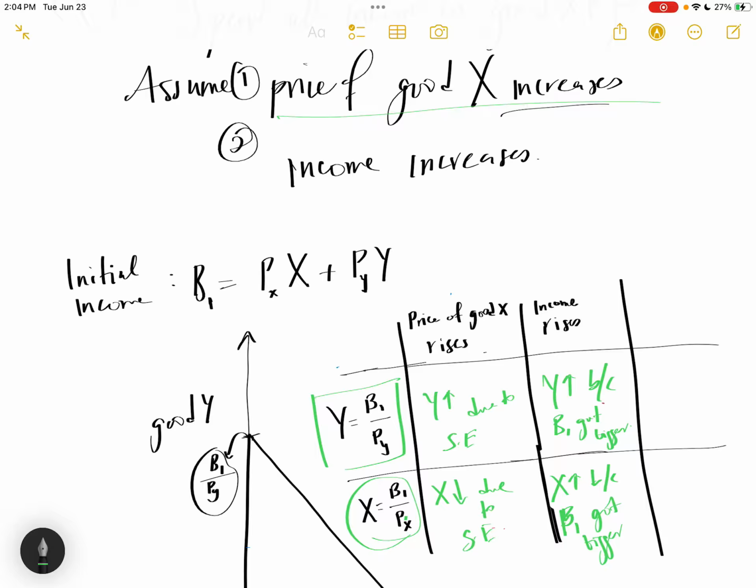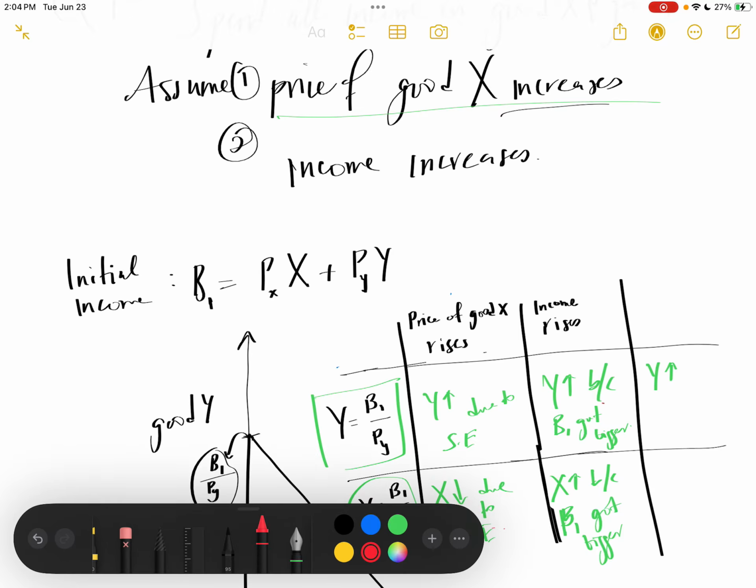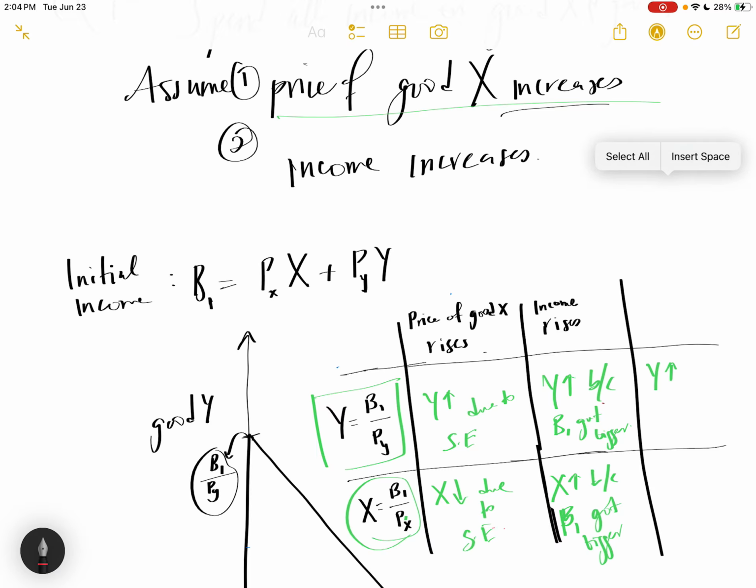Okay, now we can combine these two effects and see what happened to both goods. Well, Y for sure went up, because in both scenarios Y went up. And so Y definitely went up.